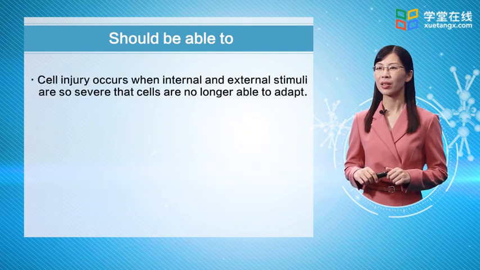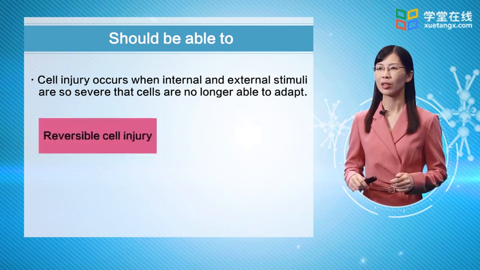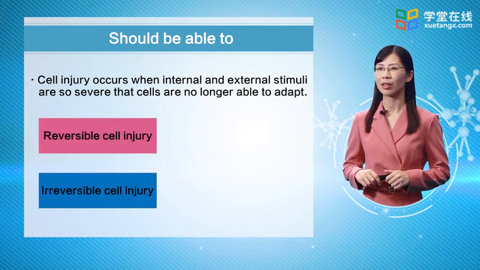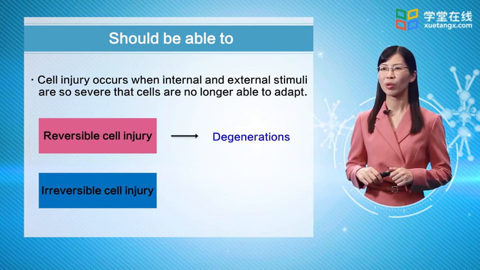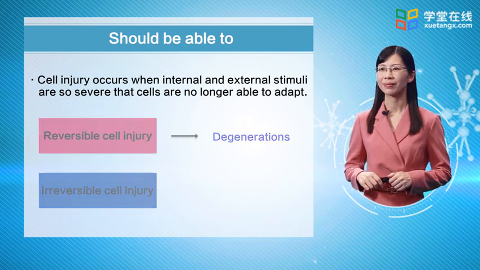Cell injury occurs when stimuli are so severe that cells are no longer able to adapt. Injury may progress from a reversible state to an irreversible stage. Reversible cell injury, which we call degeneration, infers that the damage can be repaired.